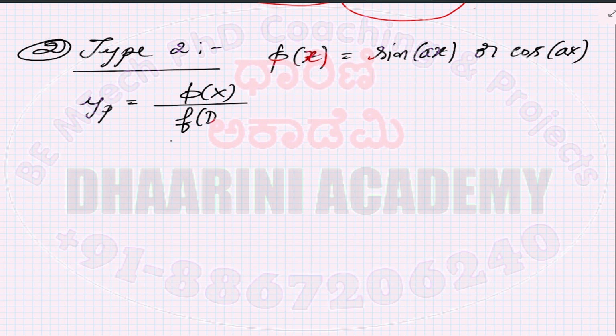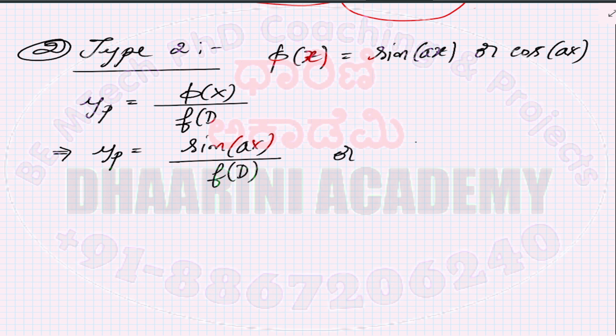So if phi of x is sine ax, this implies yp should be equal to either sine of ax by f of D, or I can also have cos ax divided by f of D. In this case, it is very similar to the previous case.